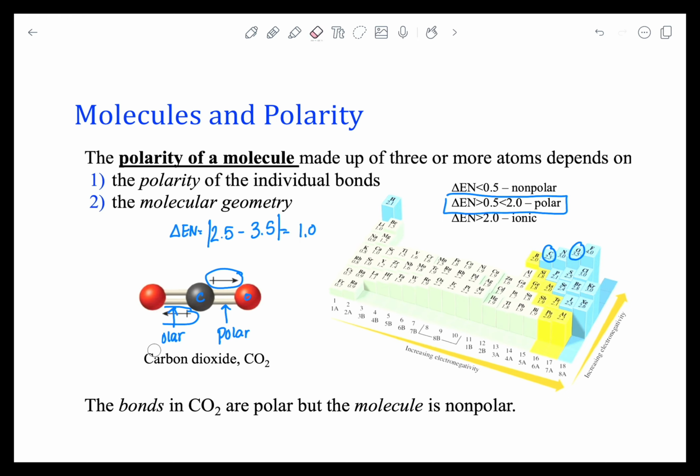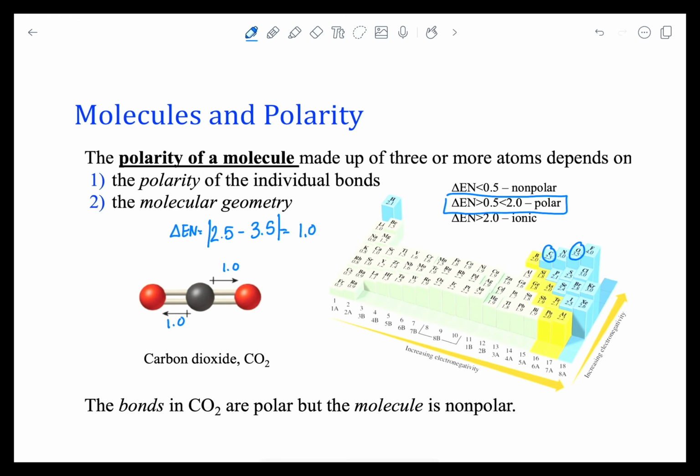So I'm going to erase our little notation here so we can easily see this. So our electrons are being pulled in carbon dioxide in equal but opposite directions. These are both oxygens, so they're both being pulled towards the oxygens with equal amounts because the difference in electronegativities for both of these is 1.0.